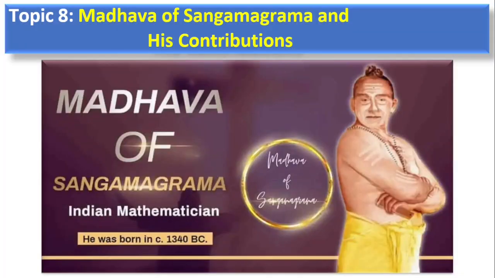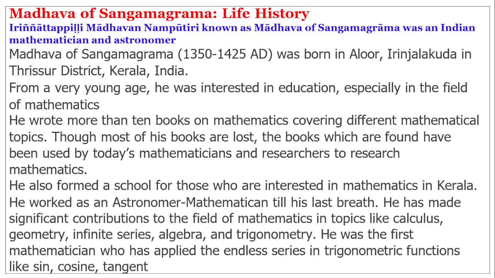That is about Bhaskaracharya. Then comes Madhava of Sangamagram. Sangamagram is a village or town in present-day Kerala, and he was another great mathematician. He was a prolific writer and a very good teacher.